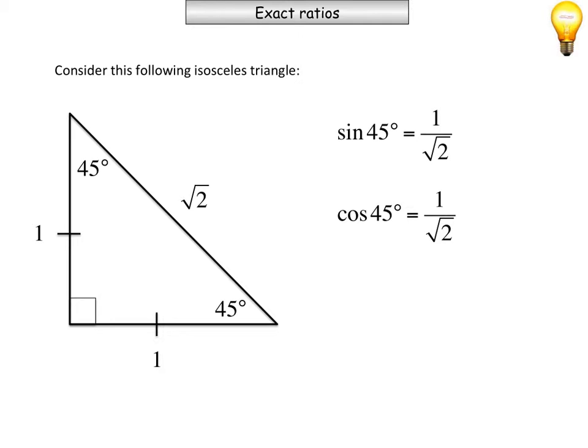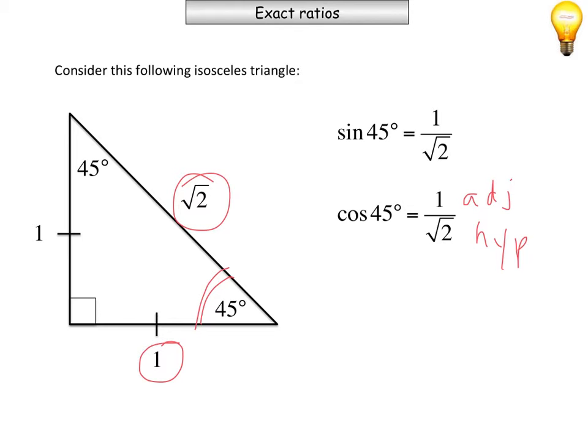If we look at adjacent over hypotenuse, here's our angle, there's adjacent, there's hypotenuse, we end up getting 1 over root 2 again. So our ratio for cos of 45 is 1 over root 2. And the last one we'll look at is tan 45.